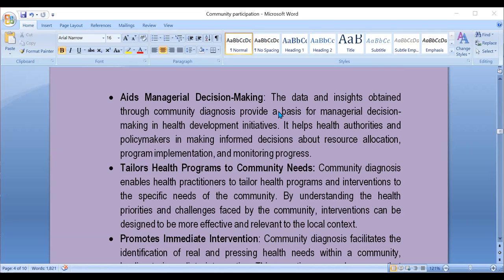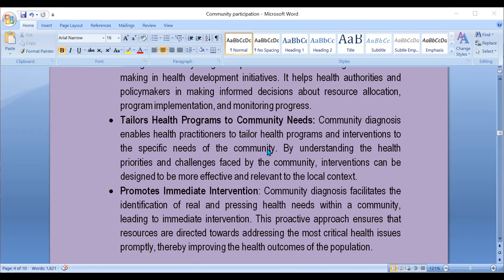You have every data. You now make informed decisions so that the resources available will be used optimally to solve the problems that you can solve, and not venturing into a problem that you cannot finish because of scarcity of resources. So it aids managerial decision-making.